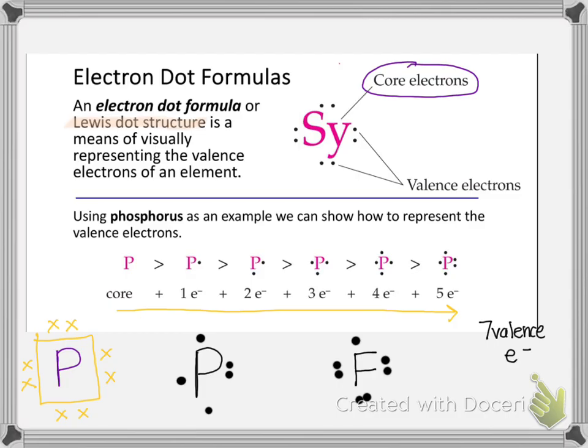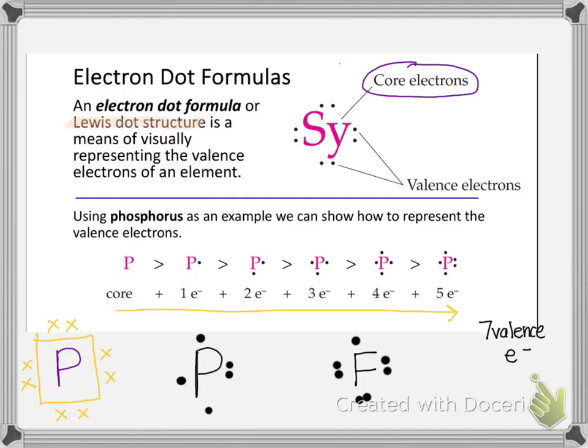So 3 of the sides would have 2, and the top would just have 1. That's how your book is doing it, and it's a good way. As far as I'm concerned, I'm not really worried about which side of the symbol you start on. What I would be most concerned about is that you don't put more than 2 dots on each side, and that you have the correct number of dots based on the valence electrons.